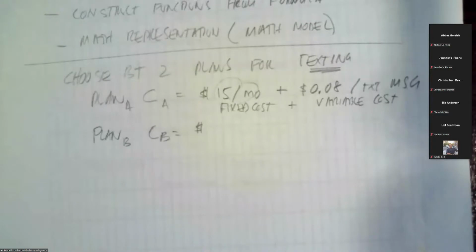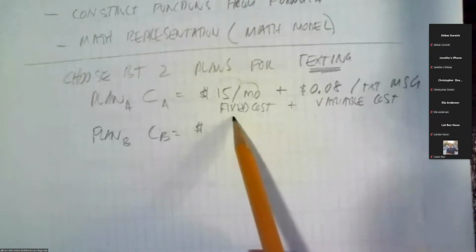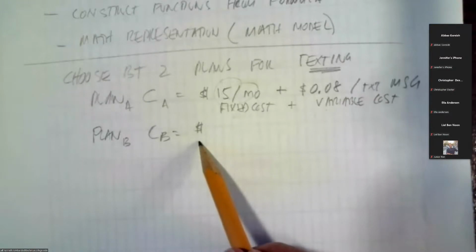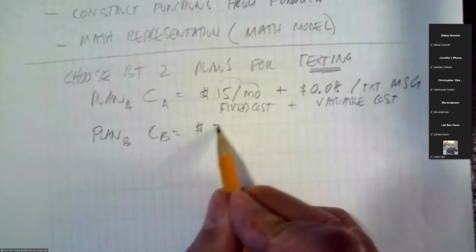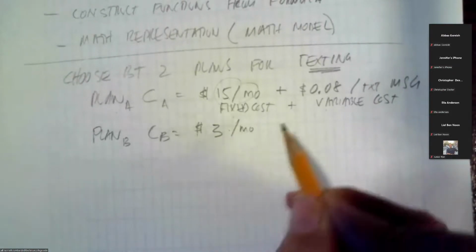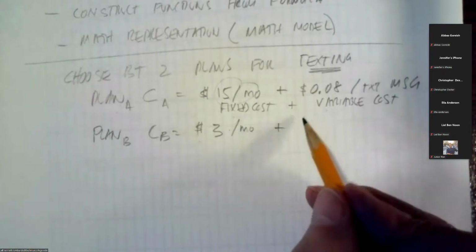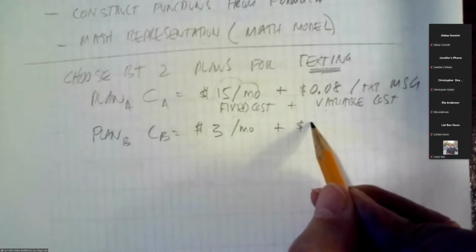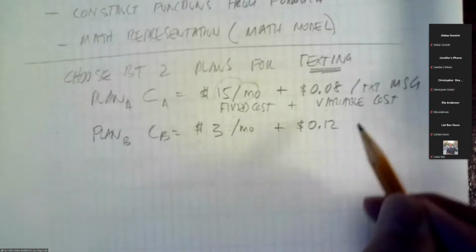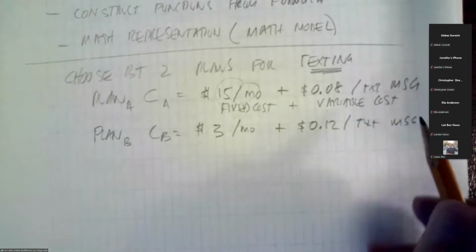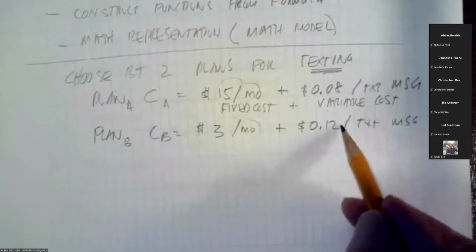So we're asked to choose a plan where we're given a fixed cost and a variable cost. And over here, we might have a plan B with a cost less or more. Maybe it's $3 per month, but it has a steeper variable cost, maybe 12 cents per text message. So again, here's the fixed and here's the variable.